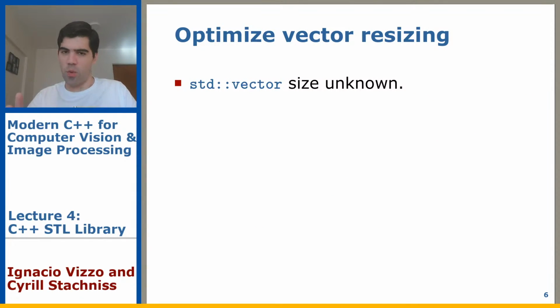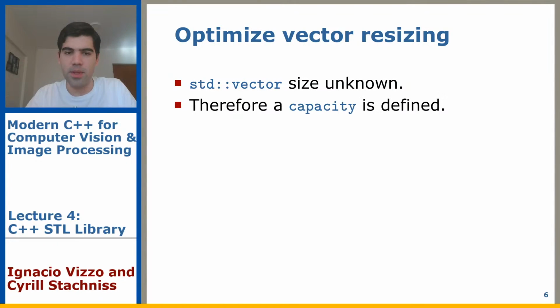There is only one drawback about vector, and it's the fact that the size is unknown at compile time. The implementation of vector needs to do some operations even when you are using the vector. So there are some optimizations you can do in order to speed up your program.